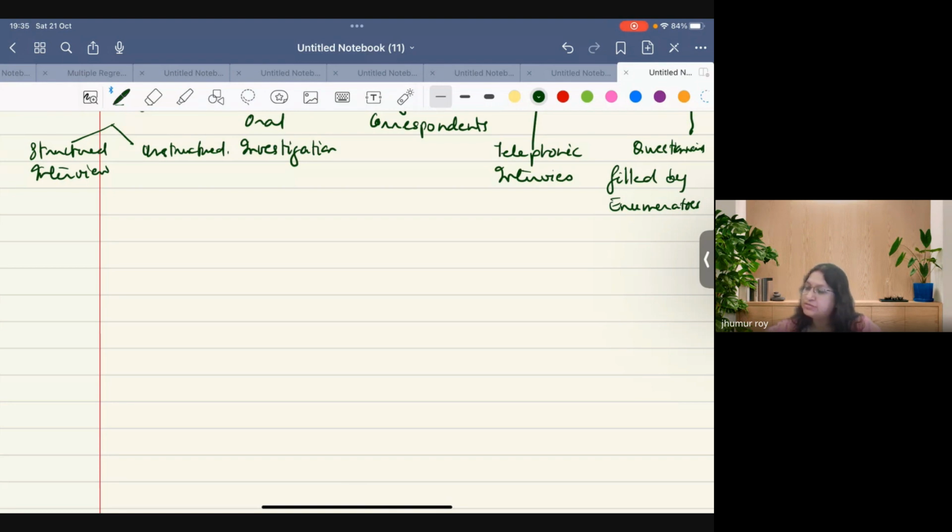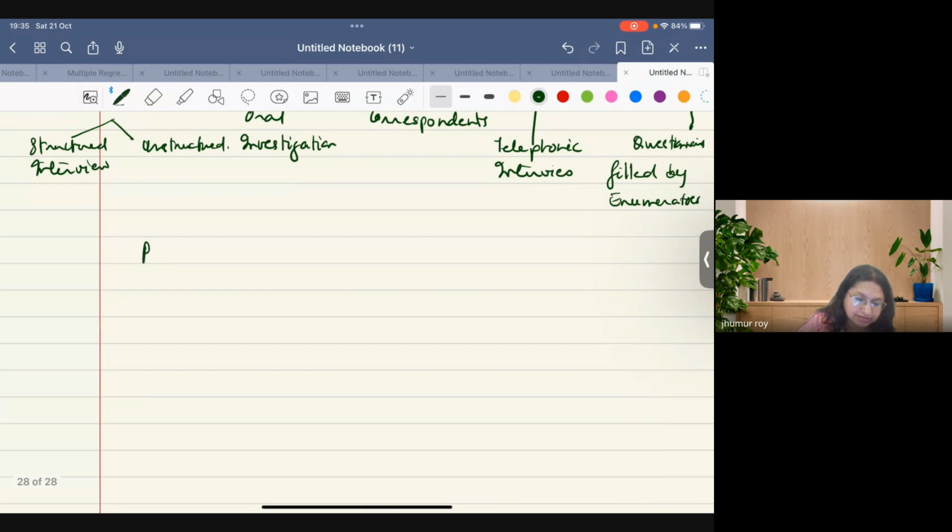So after this, what you do is classification of data. I should come to organization of data. After you have collected your data, whether from primary sources or secondary sources, what you have got is raw data.